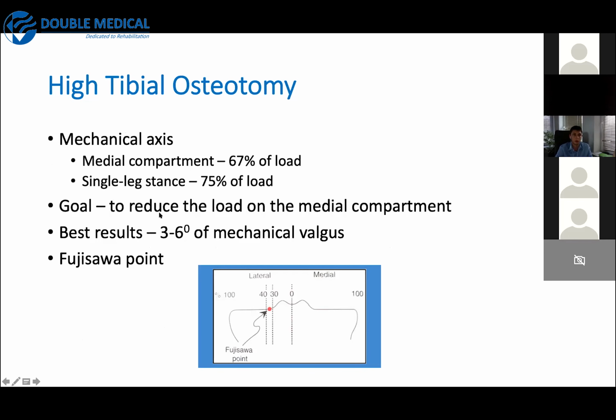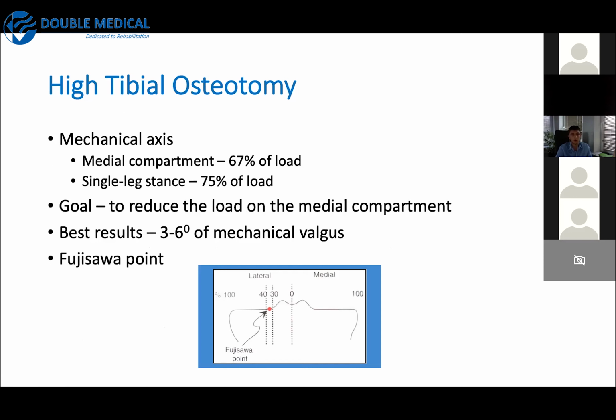It is very important to remember the mechanical axis. In a normal knee, 67% of the load goes through the medial compartment, and in single leg stance, it is 75% of the load.